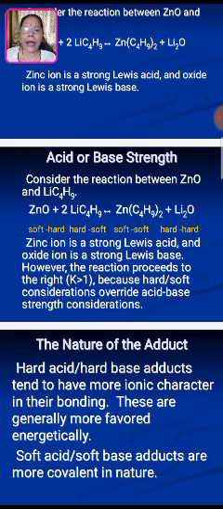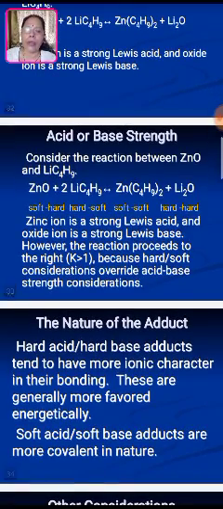However, for the reaction K is less than 1, because hard-soft considerations override acid-base strength considerations. Many reactions tend to follow the Pearson concept, that is, hard acids always tend to bind with hard bases, whereas soft acids tend to bind with soft bases.